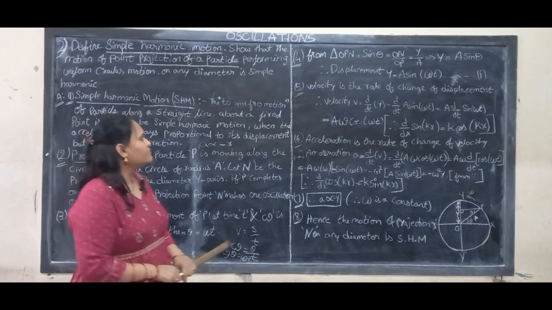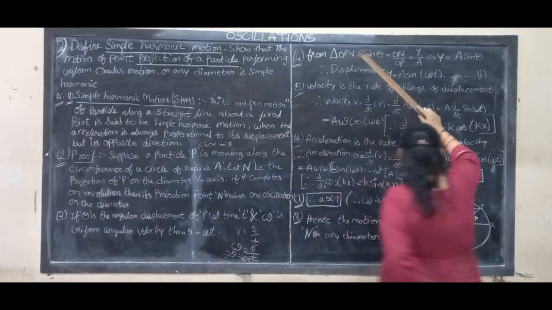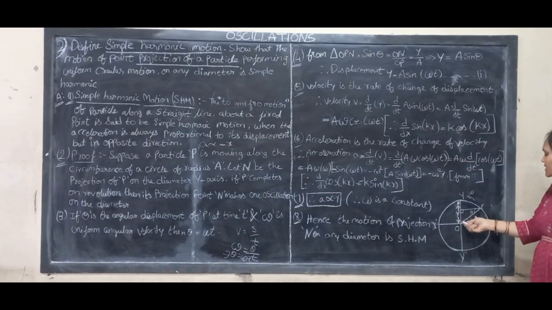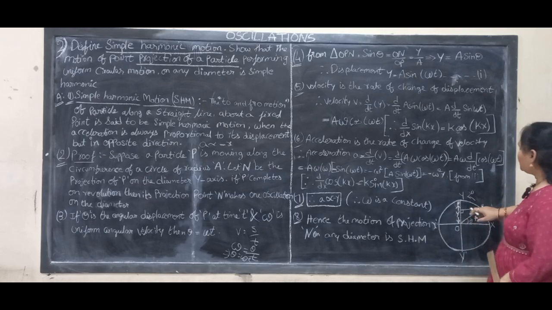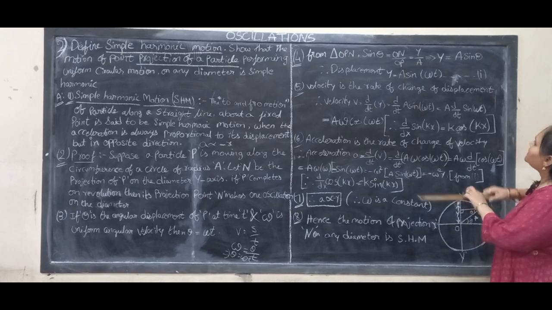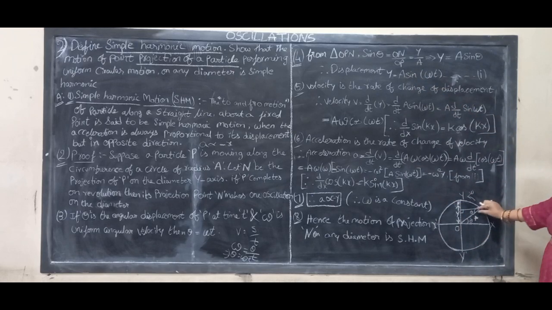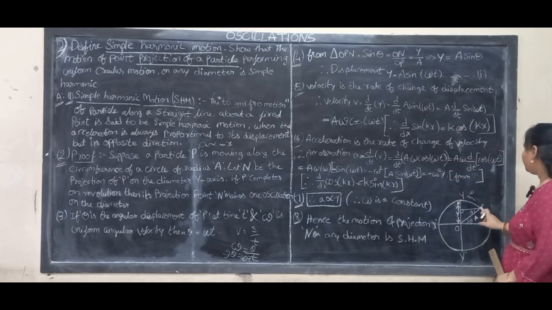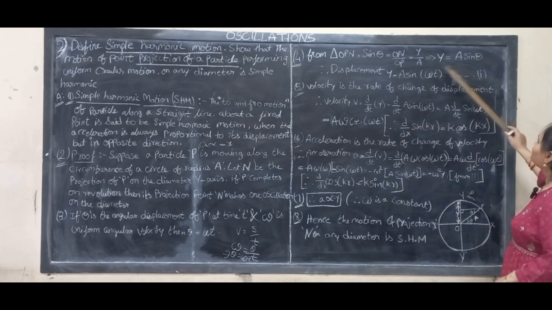Now from triangle OPN, N is the projection of P, and sin theta equal to ON by OP. ON అంటే మనకి y displacement తీసుకున్నాం, y.